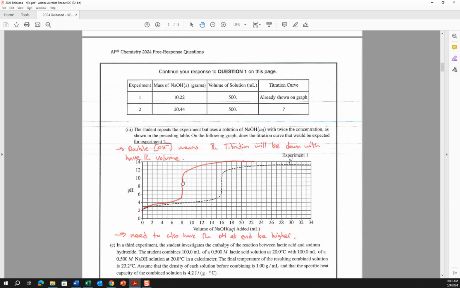And you would really want the end of the titration to be at a higher pH because the hydroxide is more concentrated. So you would end up with a more basic solution at the end of the titration than this one. So as this is curving off this way, it would be higher than up here. I'm not sure what they would be looking for, but the main part would be that the equivalence point would be at 8 milliliters versus 16 milliliters, essentially.